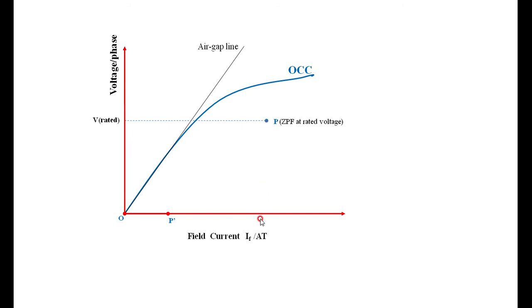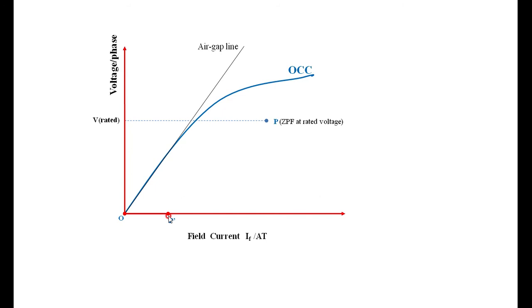What is the field current? That you have to know. Therefore you have to mark this point P. The next point is P dash. OP dash is nothing but the field current required to circulate the rated current under short circuit condition.